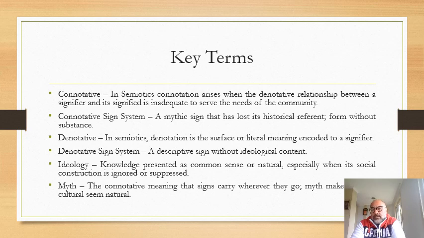Myth, from the perspective of Barthes, is purely the connotative meaning that signs carry wherever they go. So a myth is something that makes things look, appear, sound, feel natural, normal.